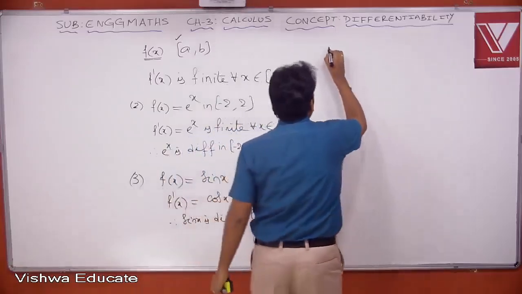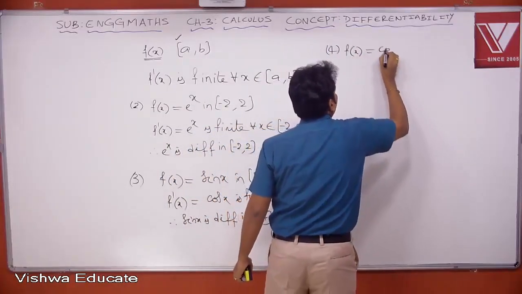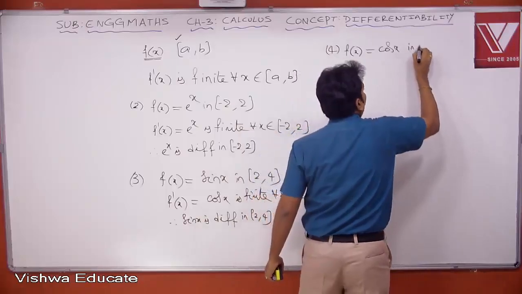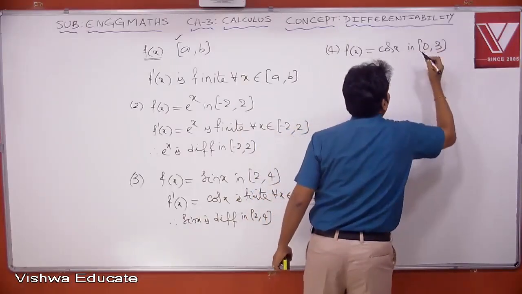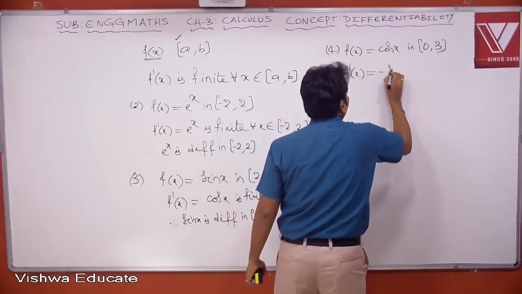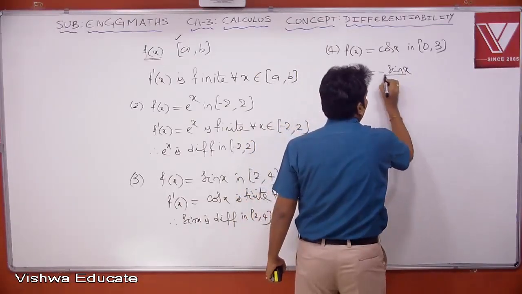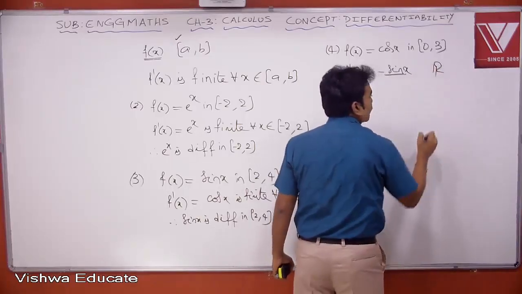Next example is cos x. F of x equal to cos x. Let us take the domain as closed interval 0 comma 3. Now what is the derivative of this function? The derivative of this function is minus sin x. Now we know that the domain of sin x is the set of real numbers.